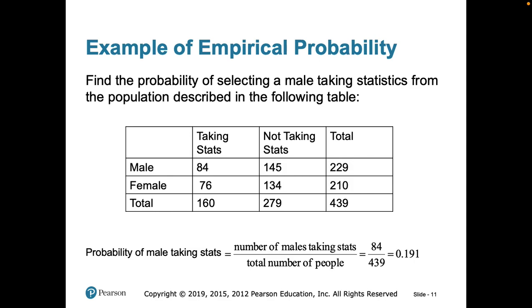Out of the 439, 229 said they were male, 210 said they were female, and out of those, 160 said that they were taking a statistics class. So based on this, we take the number of males that are taking statistics, that's 84, and then we take the number of total students that we asked, and that's 439. So the probability of selecting a male student out of those 439 students that we asked is 84 divided by 439, or 19.1%.